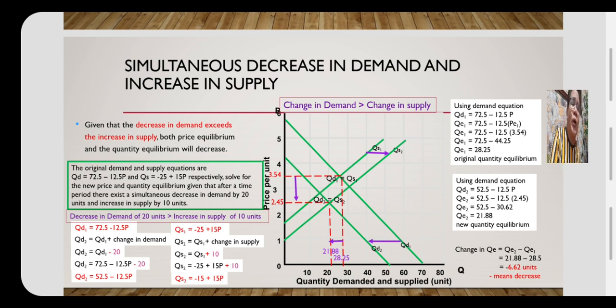Okay. So we now have a new quantity equilibrium of 21.88, and this was derived by substituting the new price equilibrium of 2.45 to the P of the new demand equation. The new demand equation is given by 52.5 minus 12.5P.